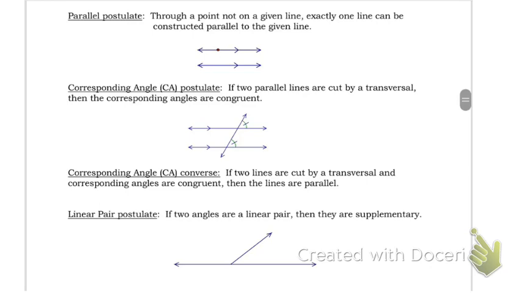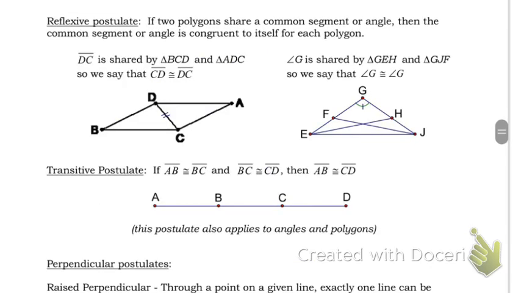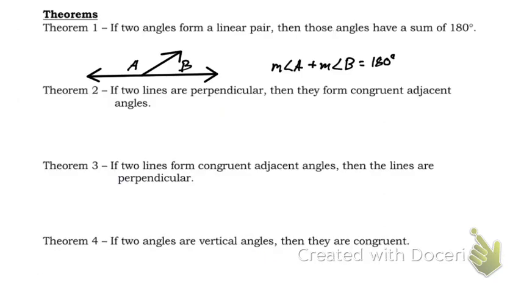It's a small difference, but one's a little bit stronger at times. They can both almost be used at the same time, but this one strictly says it's supplementary. This one gets me all the way to 180 degrees without having to know what supplementary means.